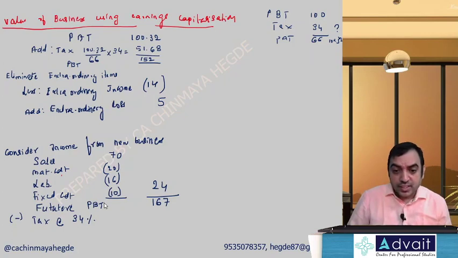So 167, 34%: 56.78. So profit after tax: 110.22.